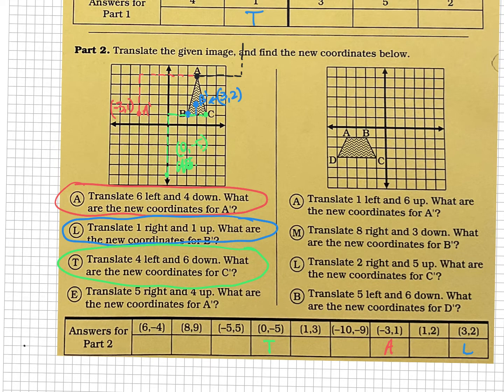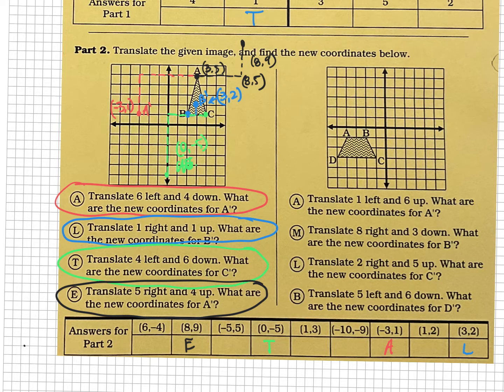That's way off the grid. So if we were at 3, 5, and we moved to the right 5, now we're at 8, 5, and we moved up 4, now we're at 8, 9. I know it's not on the grid, but we can just add to the coordinates. 8, 9 would be E.